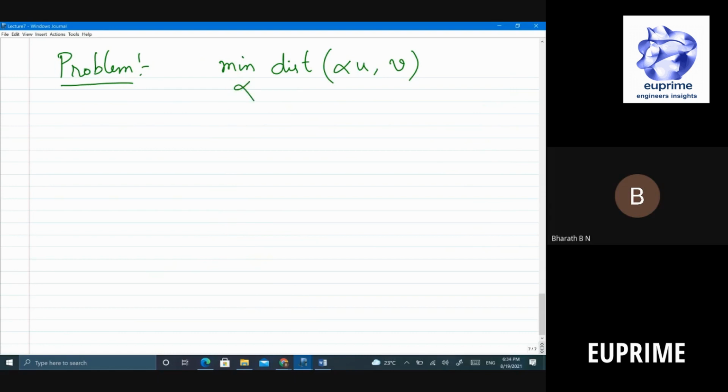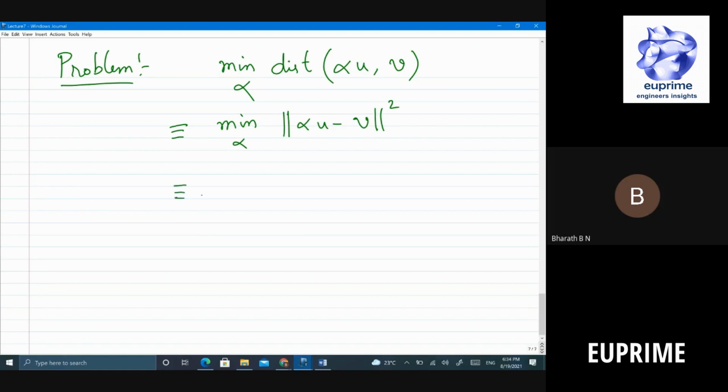So how do you find the distance between two vectors? Norm difference. So let me look at the norm of alpha U minus V. Minimizing a norm is the same as minimizing the norm squared also, so I can write it like this.